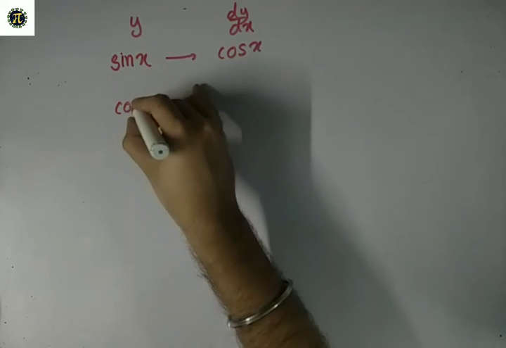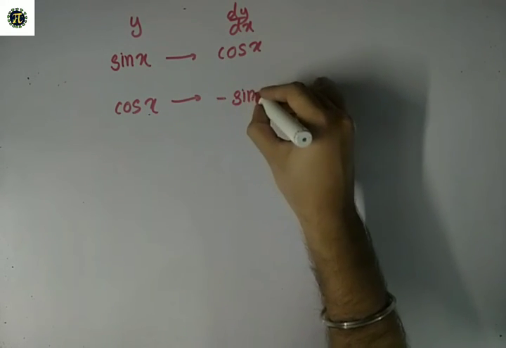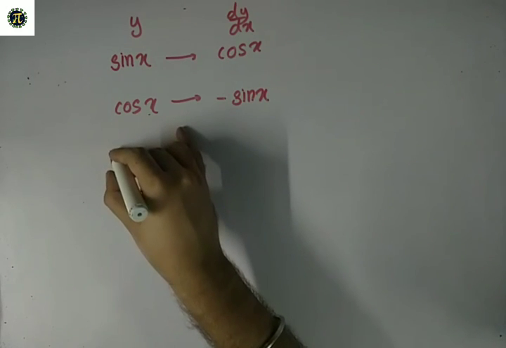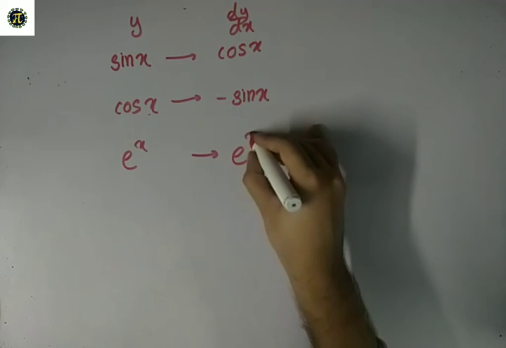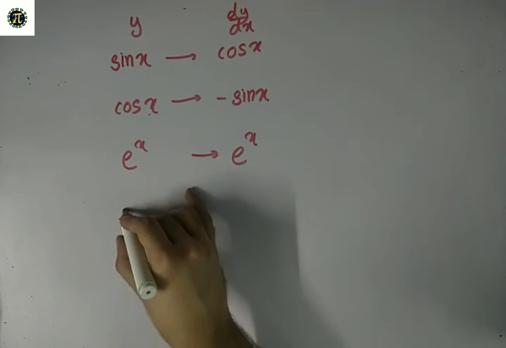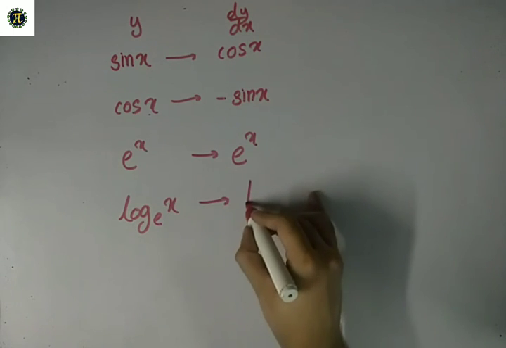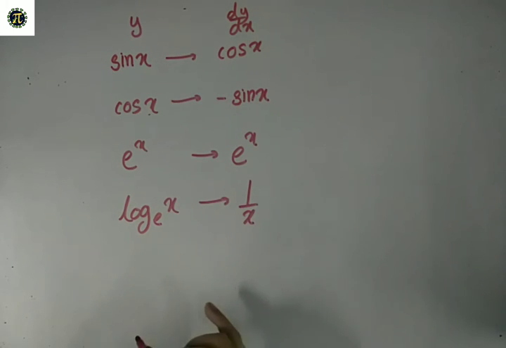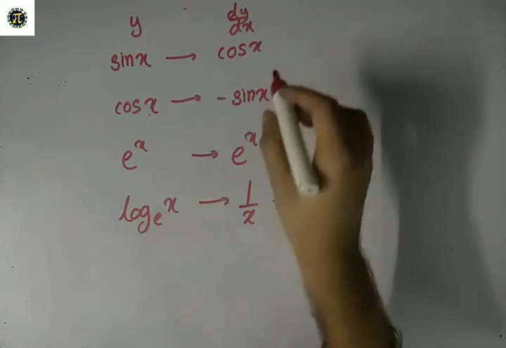Cos x differentiation is minus sin x. e to the power x has the differentiation e to the power x. log x, log base e of x, has a differentiation of 1 by x. We'll talk about these two also in coming lectures.